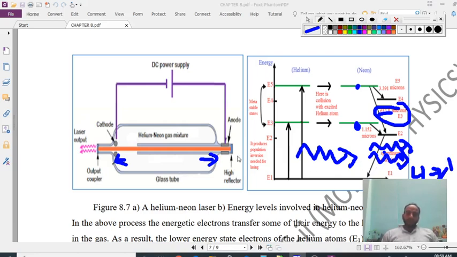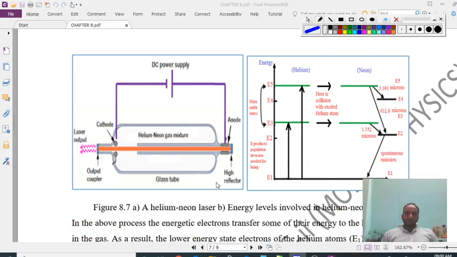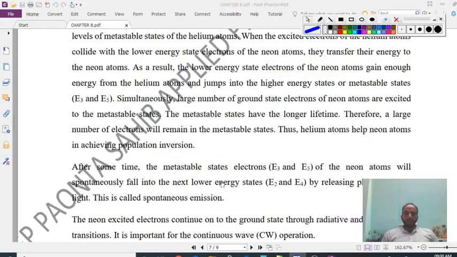And when the number of photons becomes very high, they start going outside from the half silvered mirror face and become the laser output. In this process, the laser output is continuous, so this is a continuous type laser.